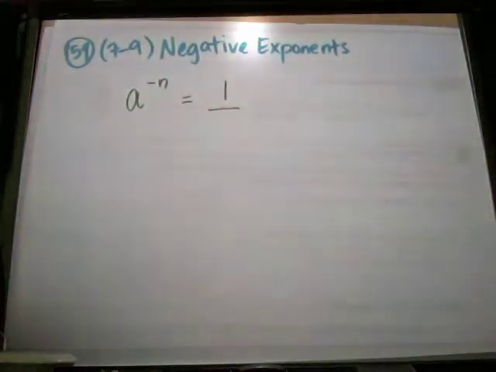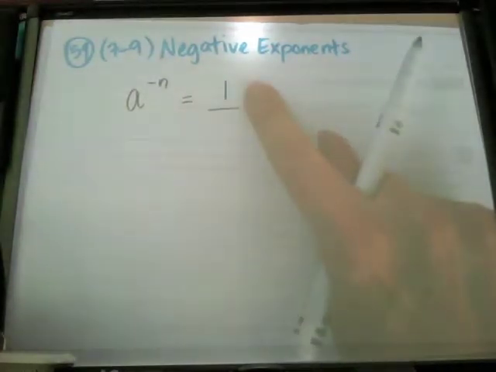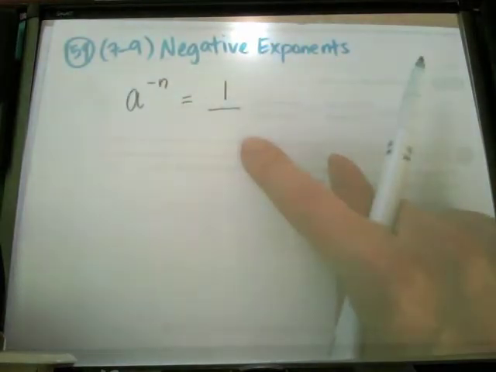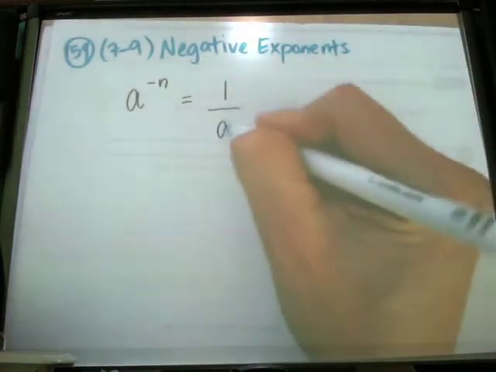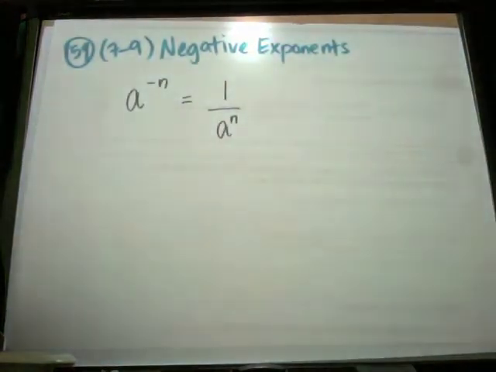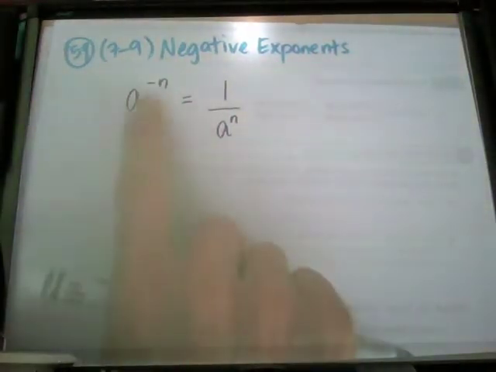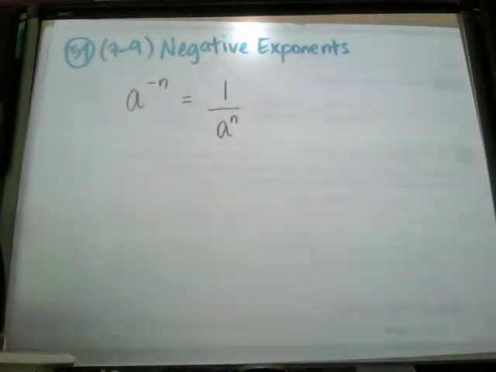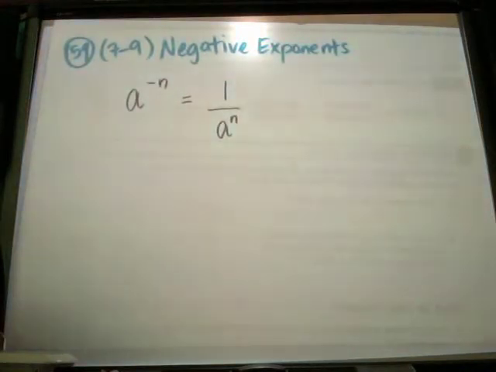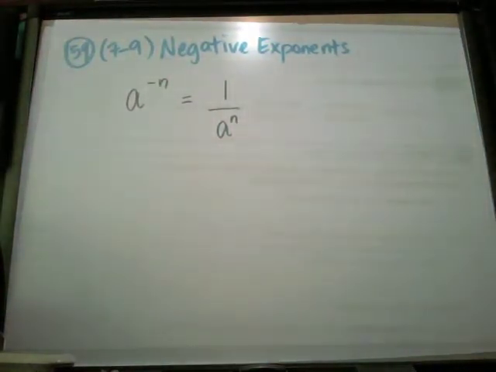It's going to become a fraction with 1 as a numerator. Every single time, a fraction with 1 as its numerator. And the denominator is just the same base raised to the same power, except now that n, that exponent, is positive.